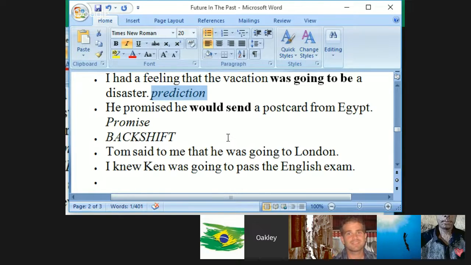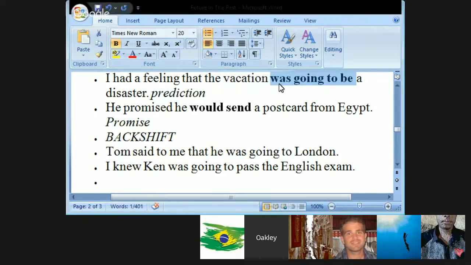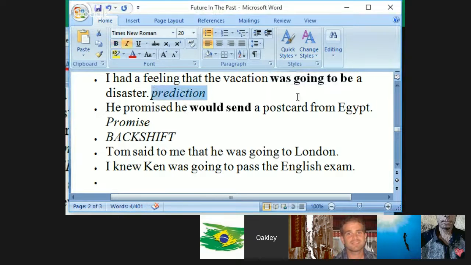If you're talking about the weather, for example, you can use either form because it's clearly a prediction. You can't know or plan.